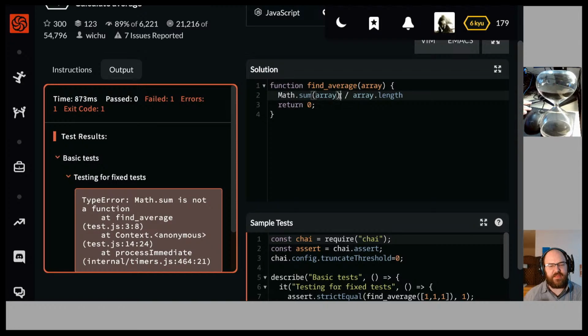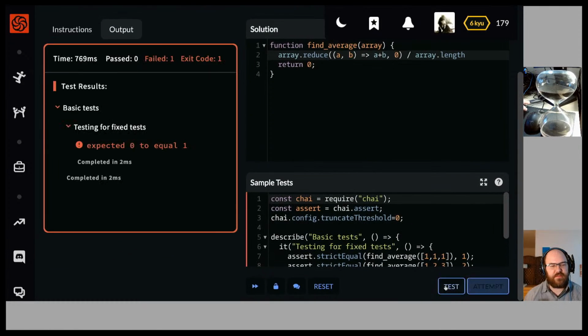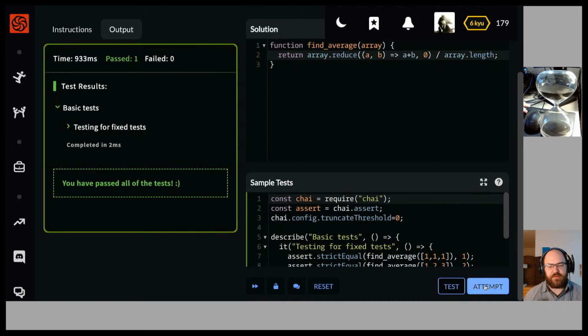I think I saw this before. Okay, fine. Array.reduce a comma b arrow function a plus b start at 0. There. Happy? I need to return. And I wonder if I have to think about invalid inputs. Well, let's find out. Okay, that works.